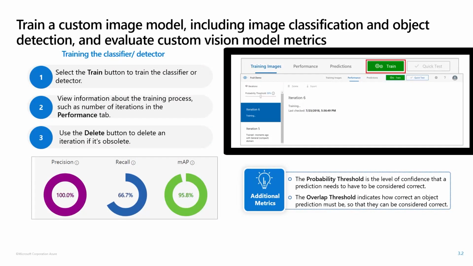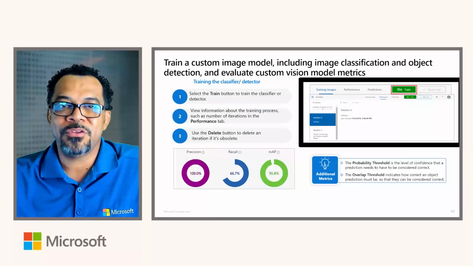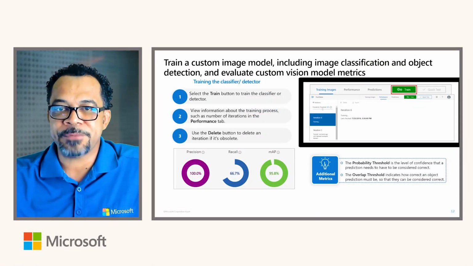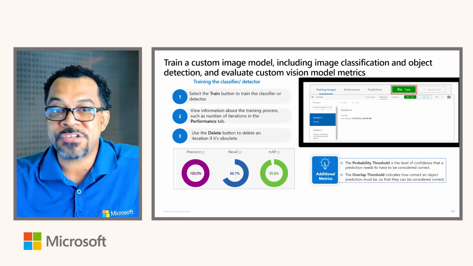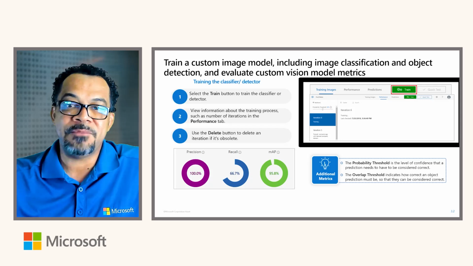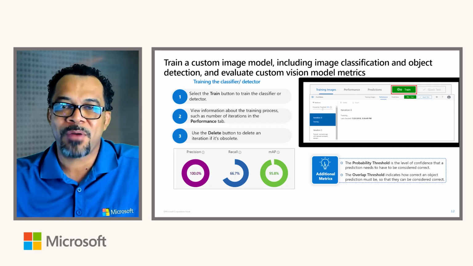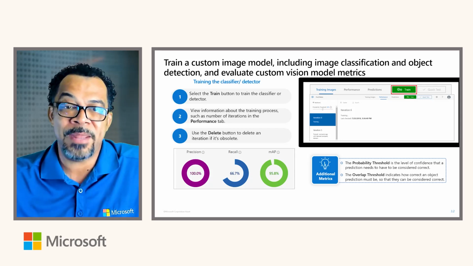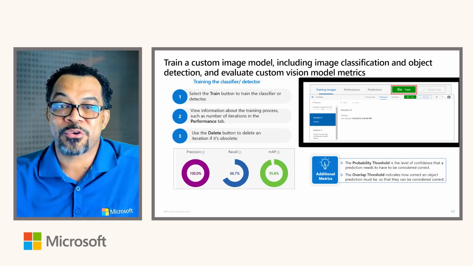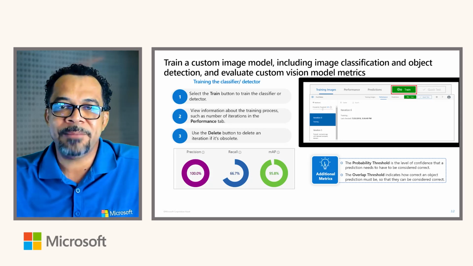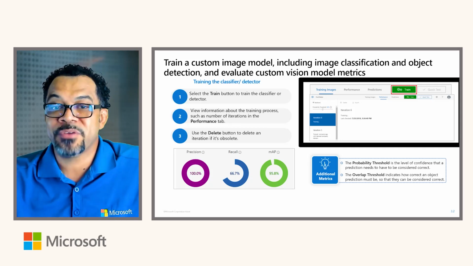You'll want to focus on how to train a classifier or detector using Azure AI Custom Vision. Make sure you know the steps involved, like selecting your project, choosing between quick and advanced training, and understanding what the process is and that it can take a few minutes, as it uses all your current images and tags to build a model. Once training is complete, reviewing the results and metrics is key.